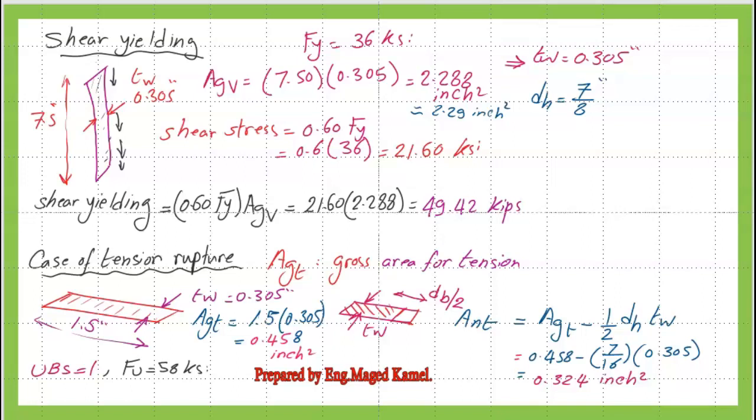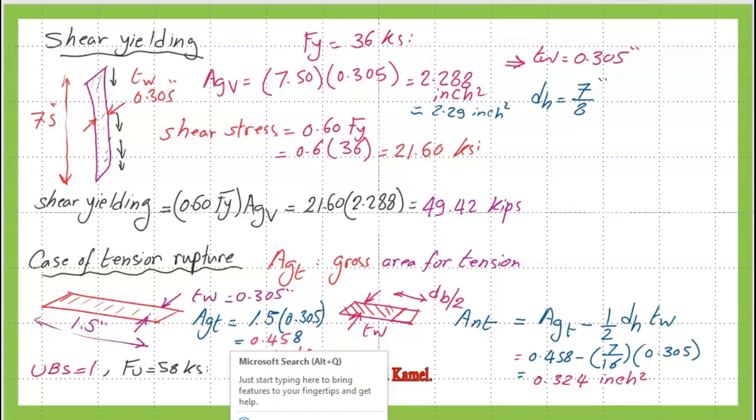Since F yield equals 36 ksi, the shear stress accordingly will be equal to 0.6 multiplied by 36 equals 21.6 ksi. Multiply the shear stress by the gross area for shear to get the shear yielding, which will be equal to 49.42 kips.